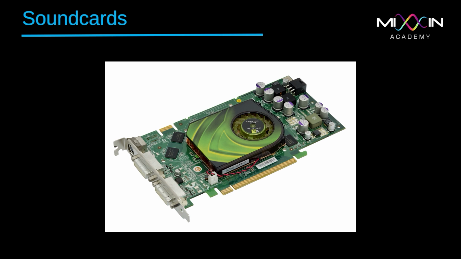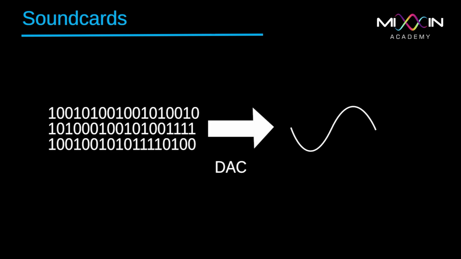So the computer has to have a graphics card so that it can turn those streams of ones and zeros into video information that you can actually see. The same analogy can be used for a sound card. It's a component in a computer. A sound card is used to convert a stream of ones and zeros, that digital information of bits, into analog information that we can actually hear through our speakers or headphones.